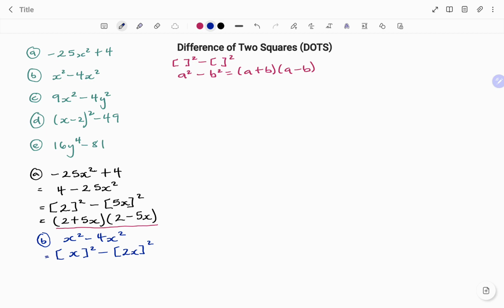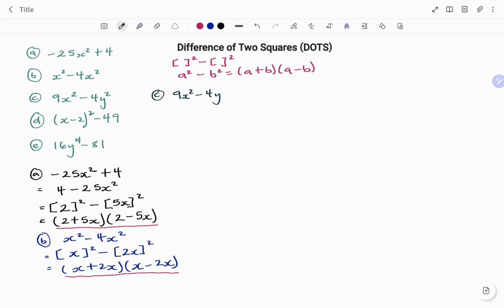And once I can get it in that format, my final answer, factorizing, will be x plus 2x, x minus 2x.